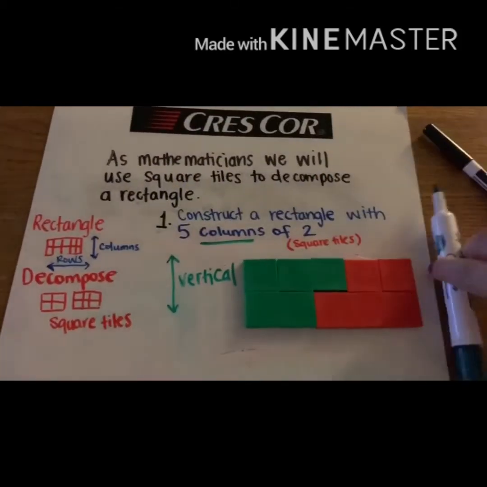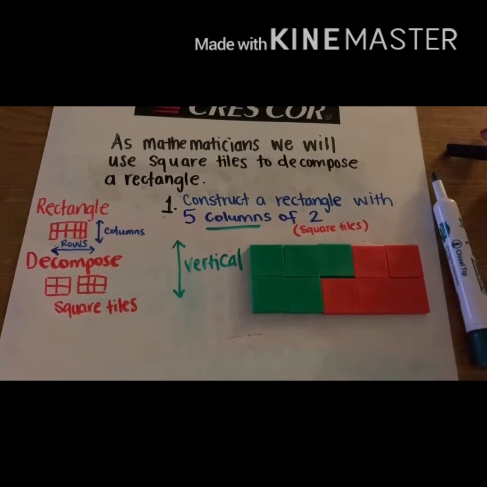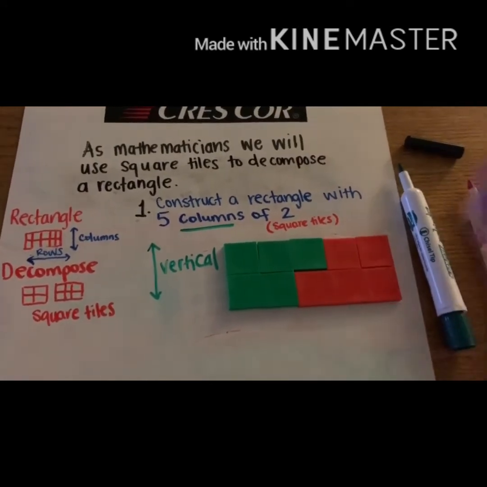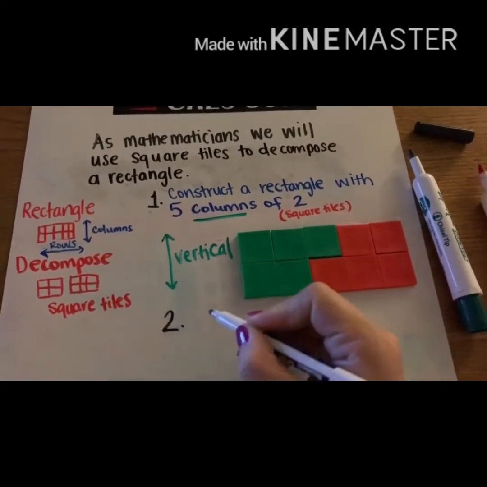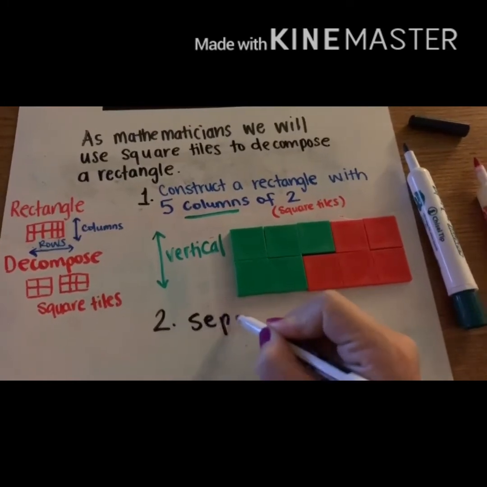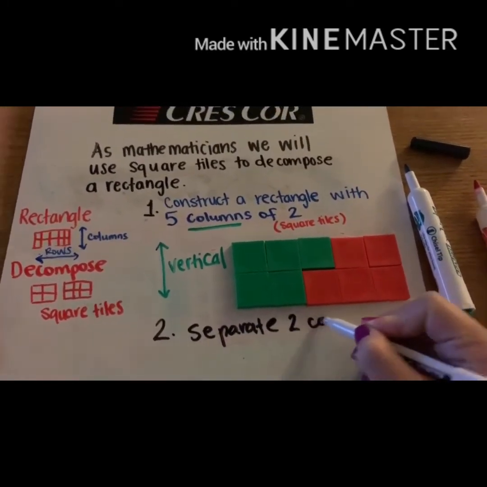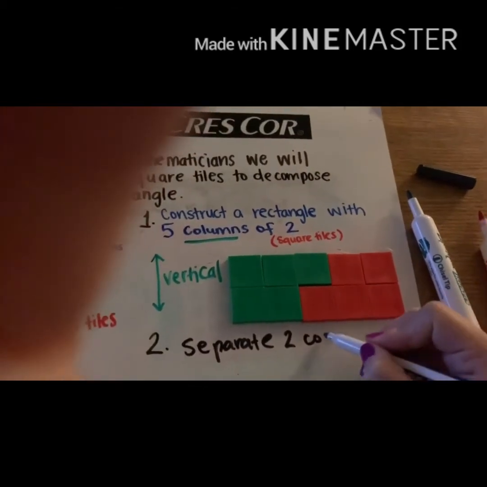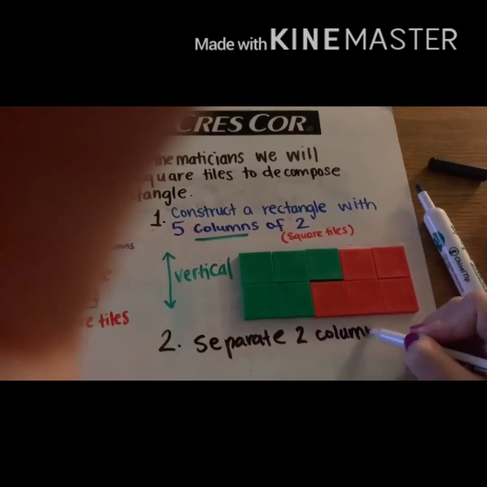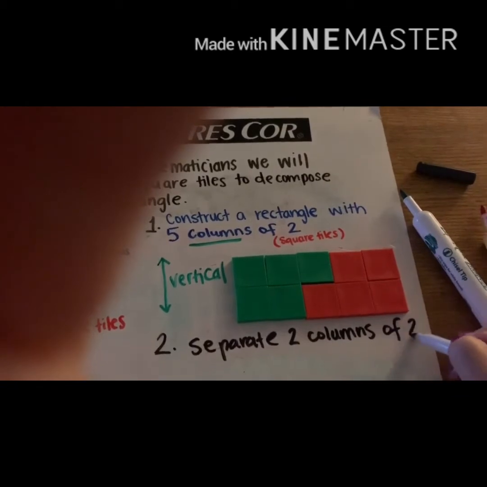Now your second step is going to ask you to separate 2 columns of 2.